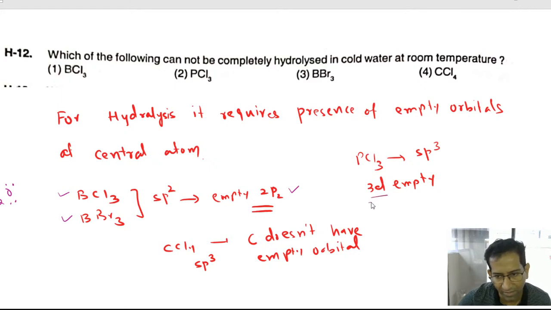BCl3 has empty 3d available, but carbon does not have any empty orbital in the second period, does not have an empty d orbital also. Why? Because its principal quantum number is 2. Of course, at higher temperature hydrolysis is possible, that we will discuss in organic chemistry. The answer will be C.